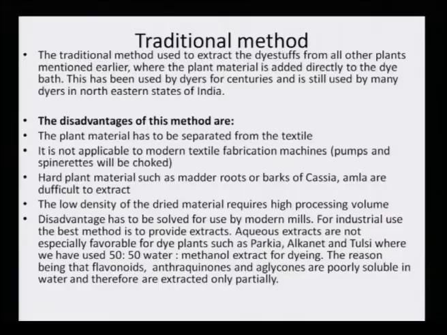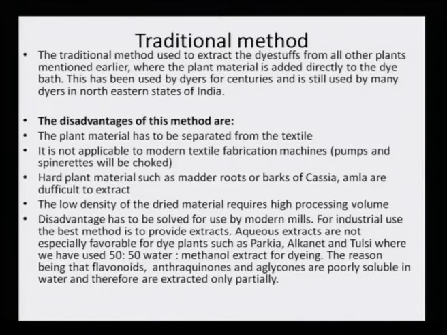So, this is a traditional method by just aqueous extraction. However, this method has several disadvantages. Why do I mention northeastern states of India? Because still there are pockets of various groups where natural dyeing is being practiced in Manipur, in Nagaland, in many other northeastern states, Arunachal Pradesh and so on.